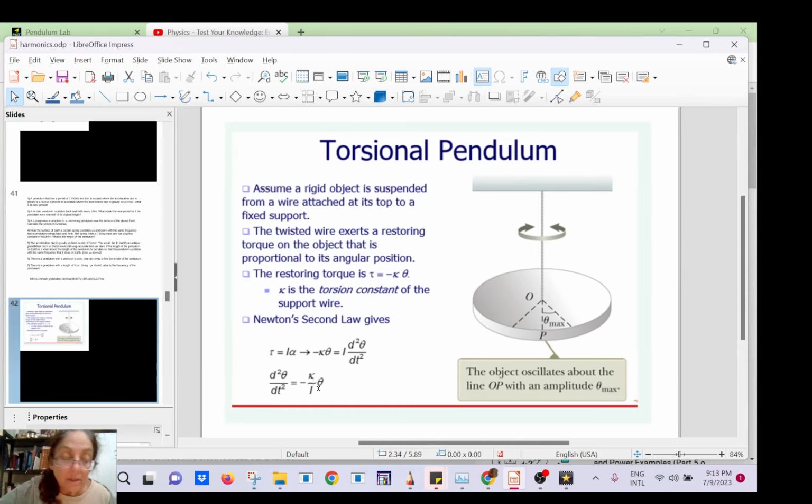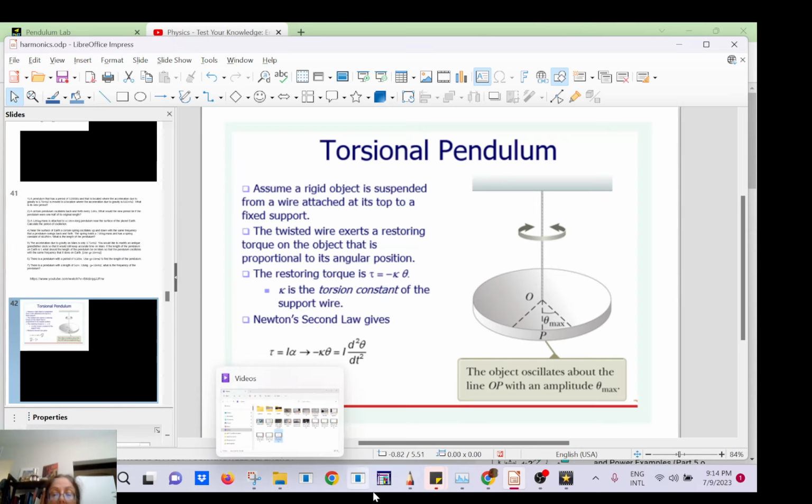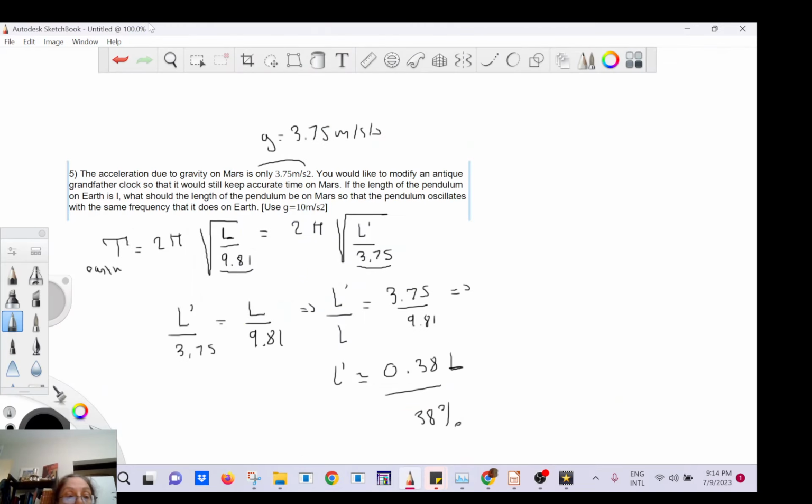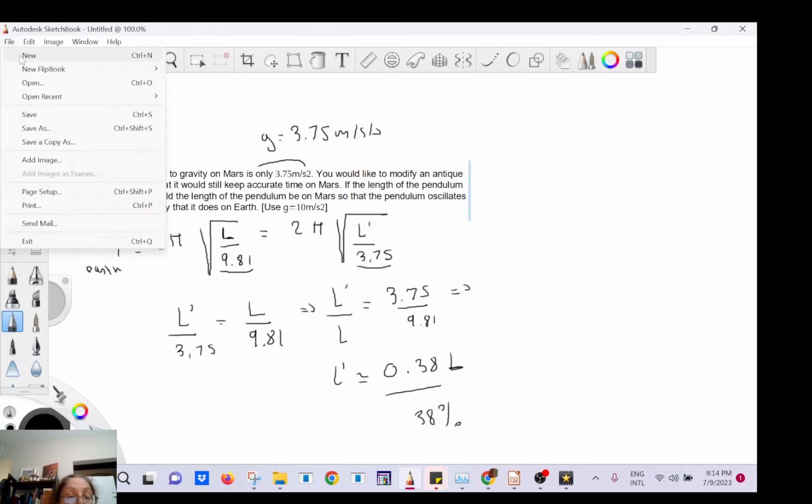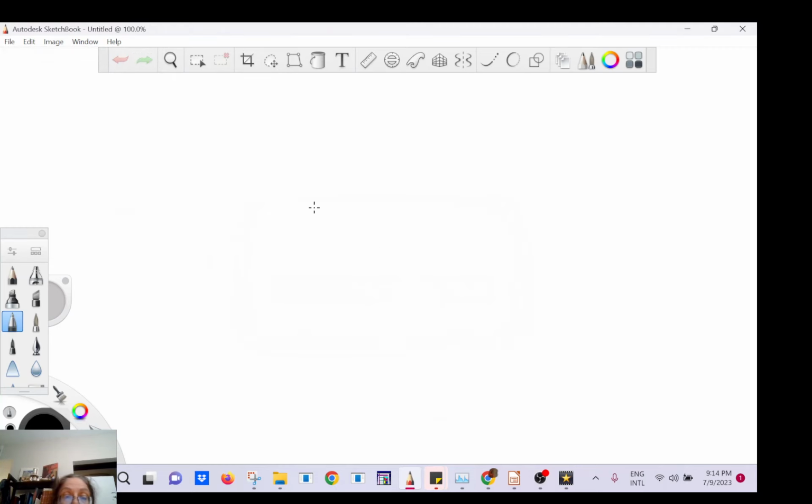So this is called a physical pendulum. It looks more complex, but it's not. You apply exactly the same principle, right?